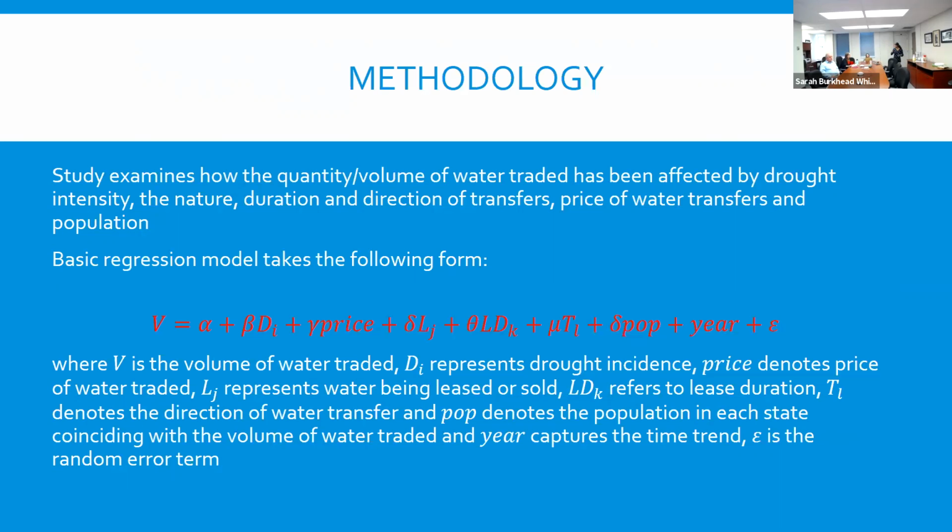So the problem here is that these two variables on one side of a single equation are being solved simultaneously, meaning that it creates biased estimates in a statistical sense. You have price affecting volume, volume affecting price. So if Karen wants less water from me, I will sell her at a lower price and vice versa. So this is a problem in econometrics and statistics.